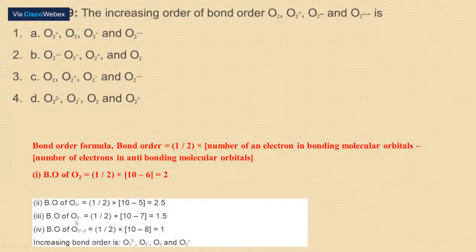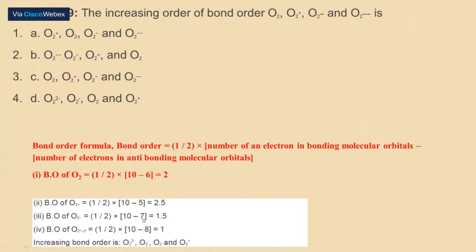Then how to calculate the bond order for O2 minus, where only 1 minus charge is there. If we add 1 electron to neutral oxygen, we get O2 minus, so the electrons increase by 1 with respect to neutral oxygen.